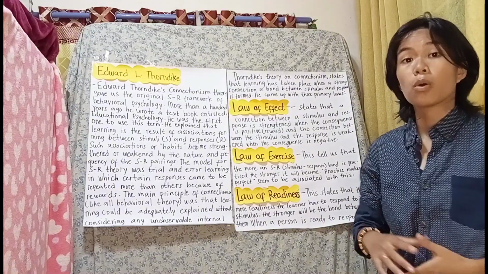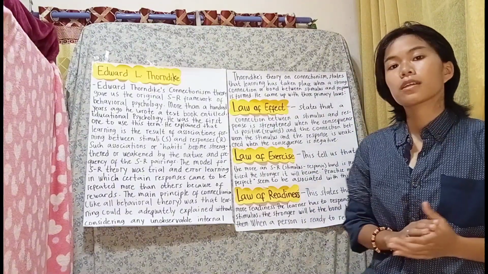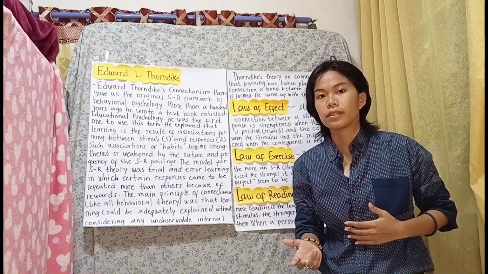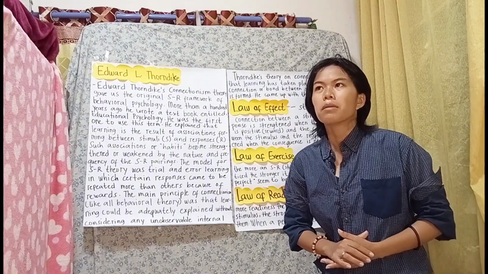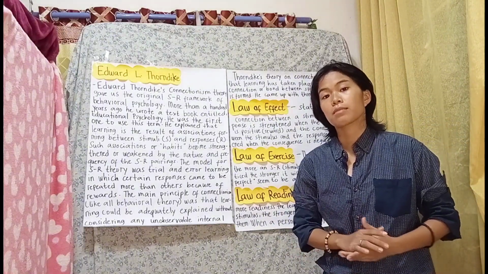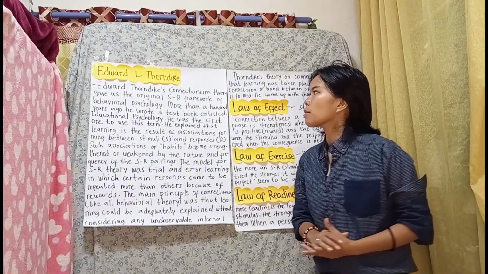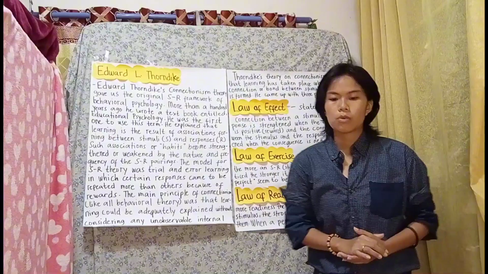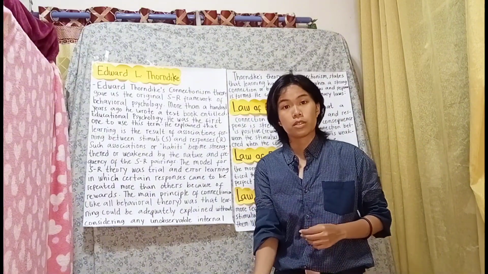So this law says that when you get a good result like a reward after doing something, you are more likely to do it again. But if the result is bad, even fun things might not motivate you to do them again. Just like in the example of teaching a dog to sit down, when you say sit, that is the stimulus.